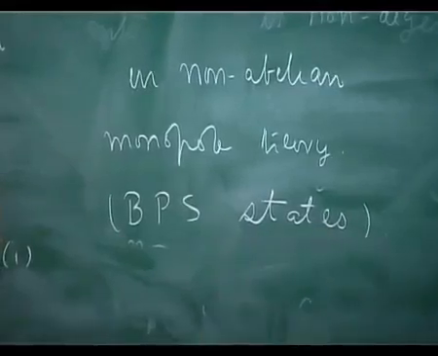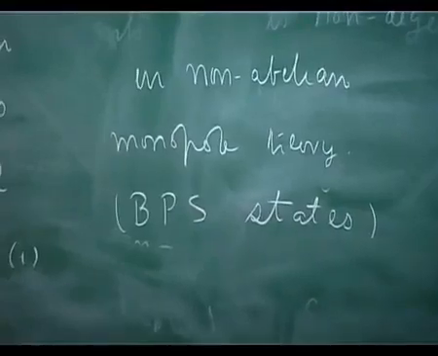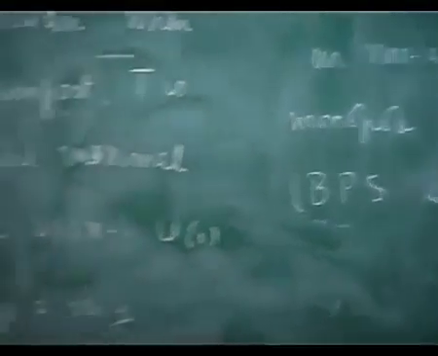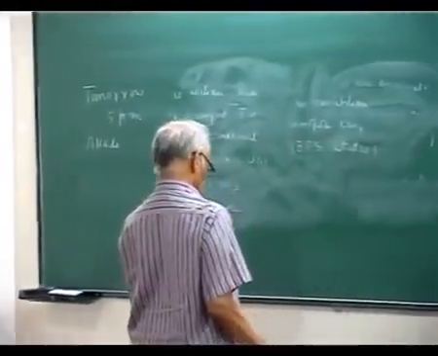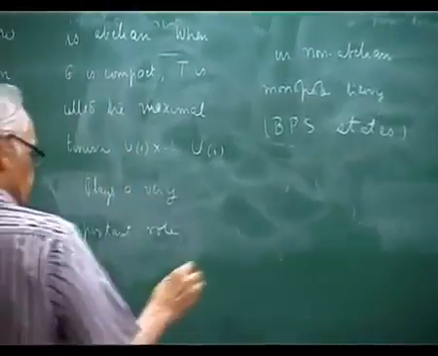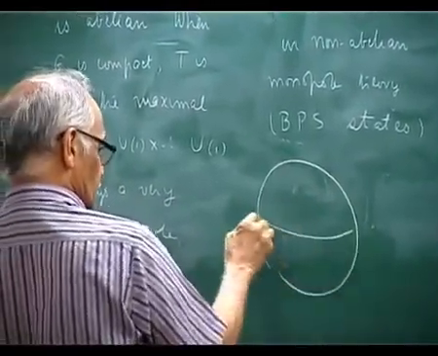So non-abelian monopoles, are they generalizations of Dirac monopoles? They are Dirac transition functions. Let me finish this. You see, the Dirac monopole is on a sphere.